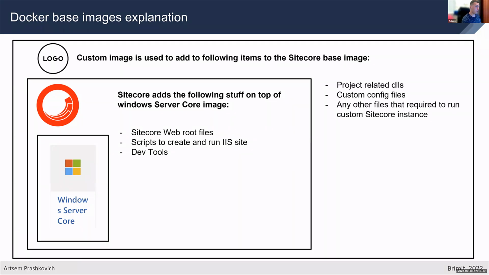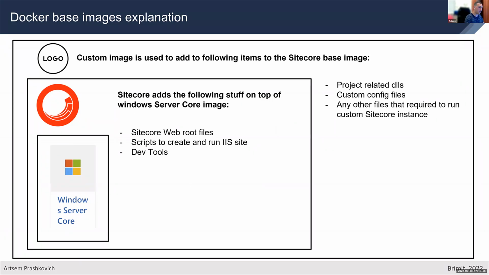And finally, we have our custom image, which is already based on Sitecore's one. What we actually do is just add our project-related assemblies and DLLs. We have to add some custom config files, and we can override some existing Sitecore files. Everything we usually do with our Sitecore solution.